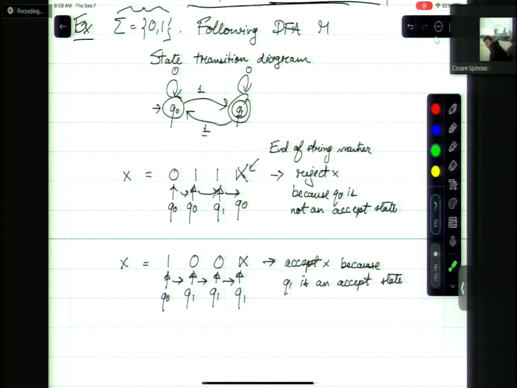If I'm in Q0 and I'm reading zeros, I'm just staying at Q0. The only way I can change state is if I read a 1. So if I read a 1, I go from Q0 to Q1. And then the same thing in Q1. If I'm at Q1 and I'm reading zeros, then I stay in Q1. But if I read a 1, I go back to Q0.